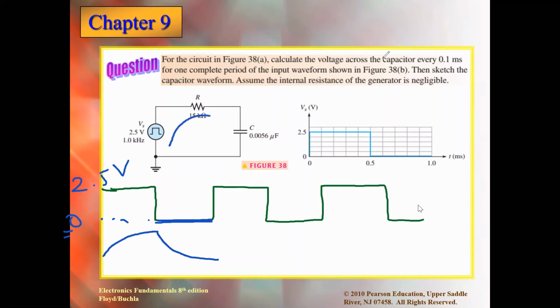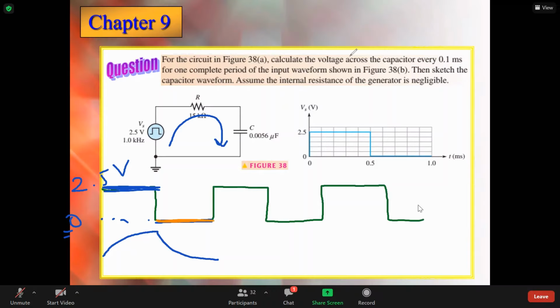What is supplied to the capacitor during this positive cycle? This source is giving supply to the capacitor during the positive cycle. As this becomes 0, the capacitor will return the energy to the circuit in the opposite direction. Getting the point? It will charge during that time and discharge when the signal is low, and it keeps on repeating.